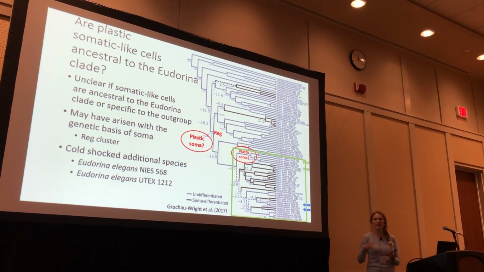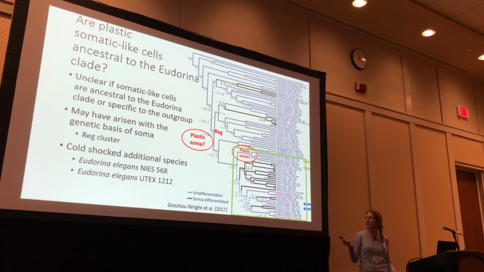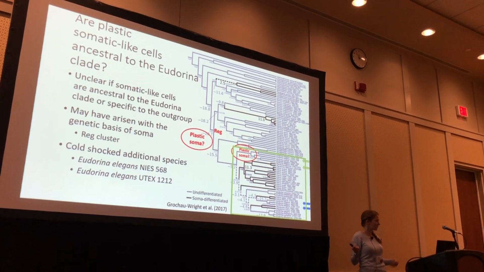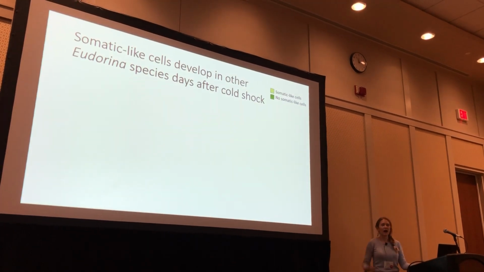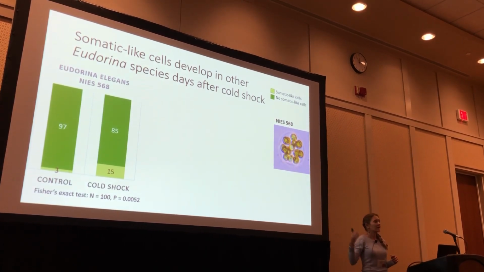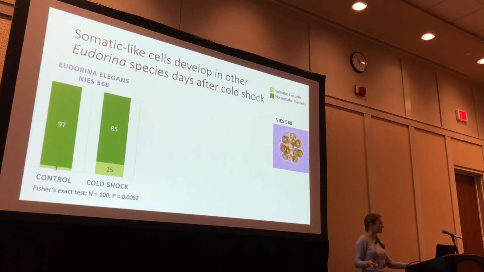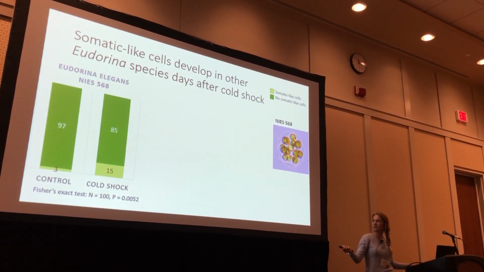So to start examining this, I cold shocked additional Uterina elegans species that fall in a completely different portion of the uterine clade right here. And I found that somatic-like cells do develop in these uterine species days after cold shock. You see this is true of my first uterine species.